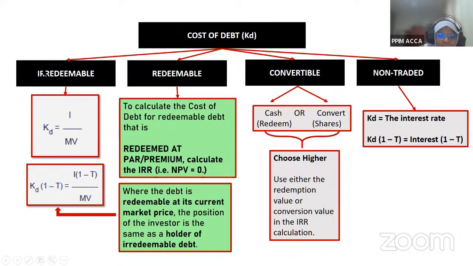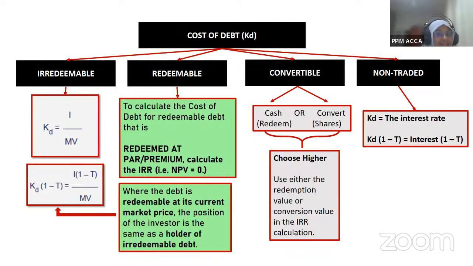Simple. Then if you have irredeemable debt, if you want KD, it is the interest divided by the market value of that particular bond. And if you want KD (1 minus T), so why am I saying this is different? Because unlike the dividends, unlike the cost of equity, with cost of debt, the interest that you pay will actually give you a tax benefit because interest is also a cost.